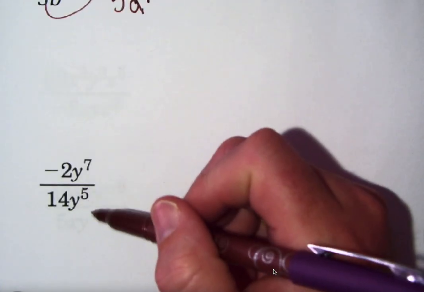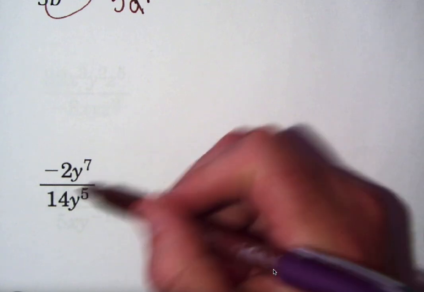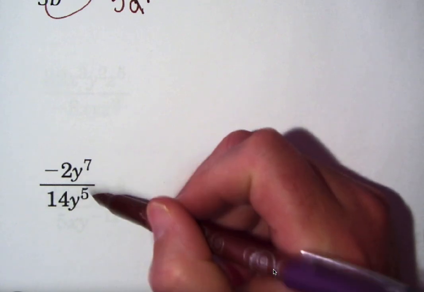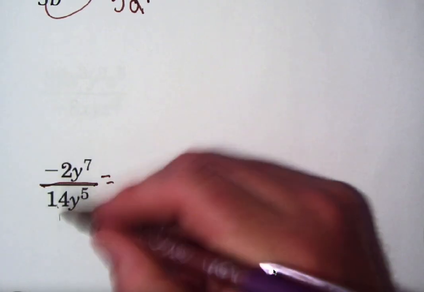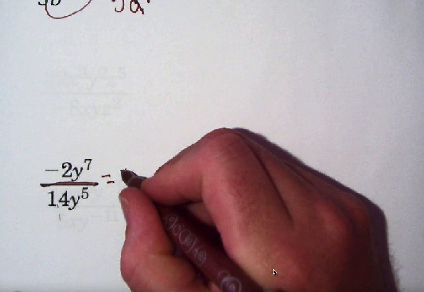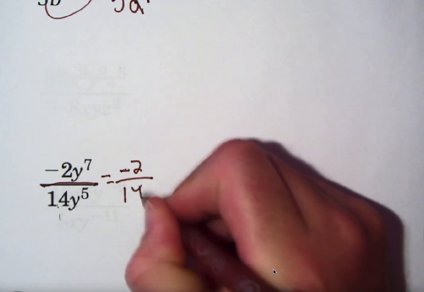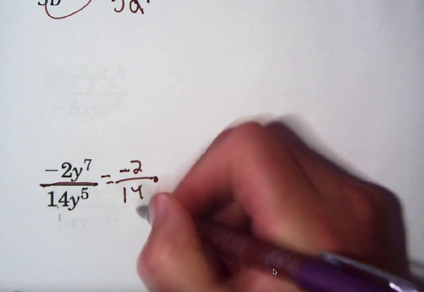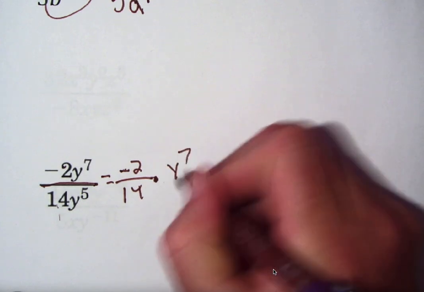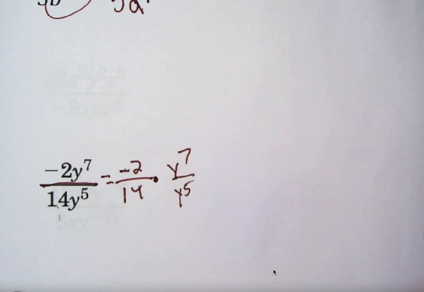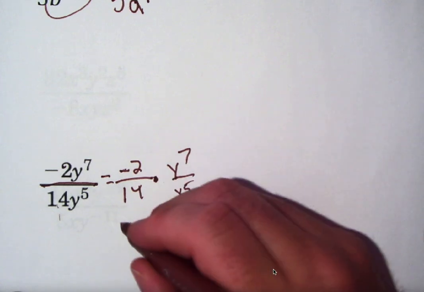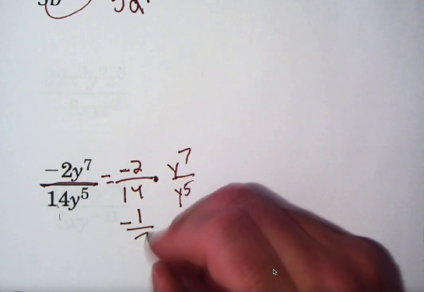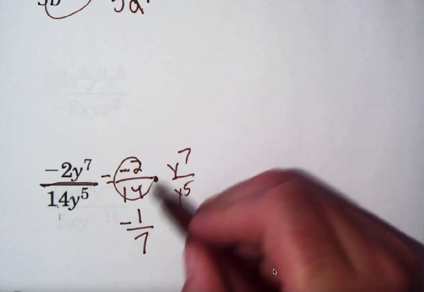I bring up this next one. We have negative 2y to the 7th over 14y to the 5th. Okay? Remember, this is division. And when you have coefficients or numbers in front, that's like its own sort of separate, remembering about division. And then I'll kind of separate it like so. Negative 2 over 14 can be simplified to negative 1 over 7, because this is just a fraction, right?